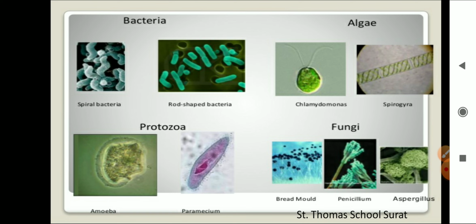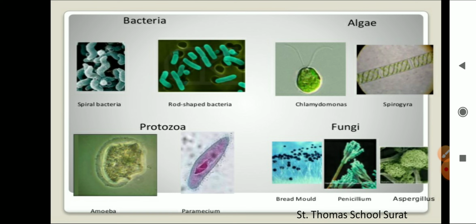These are the examples given in the slide. For the bacteria, spiral bacteria, rod shaped bacteria. Why rod shaped bacteria? See the shape of this bacteria, it is like a rod, so it is called a rod shaped bacteria. And here spiral bacteria, it looks like a Maggie. Does it look like a Maggie? Next time when you have a Maggie, you will think about this spiral bacteria.